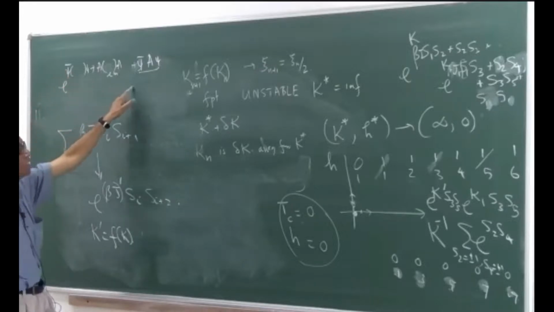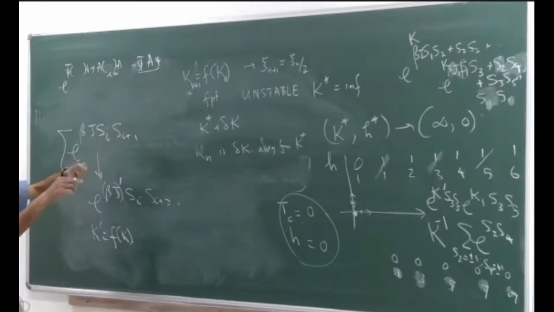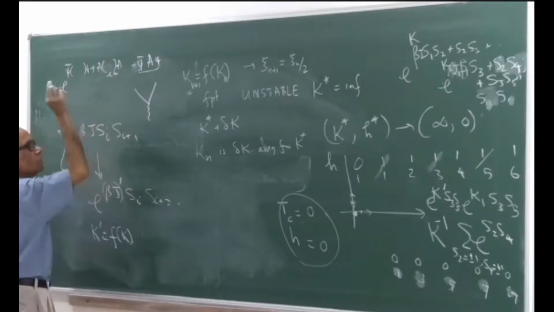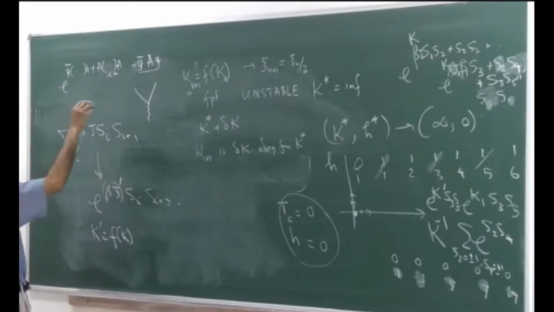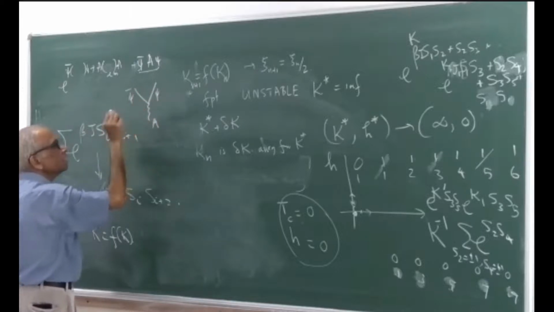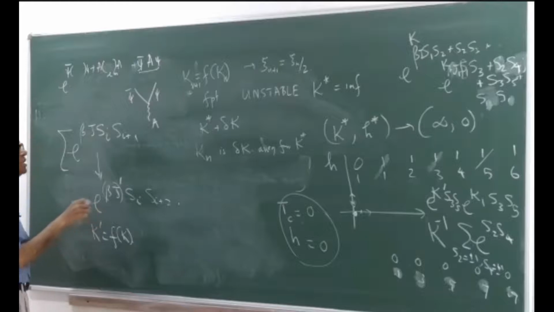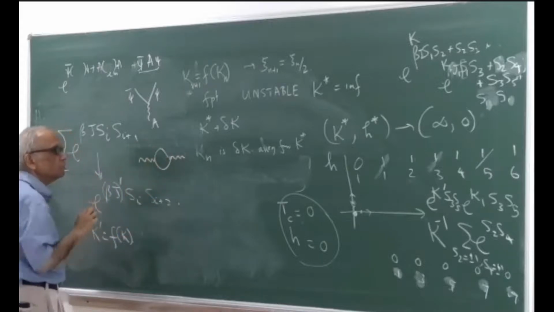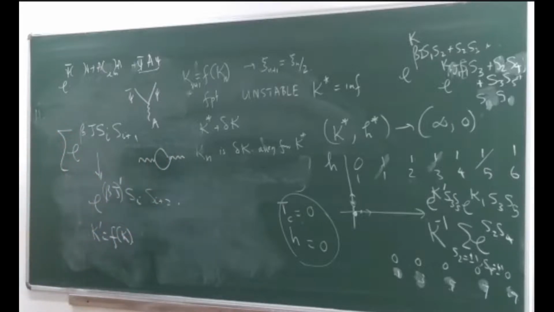If you work this out diagrammatically, this is a vertex which looks like this. These are the psi lines, and this is the A line, and you have two such vertices, and you pick up the first non-trivial diagram which you have over here.